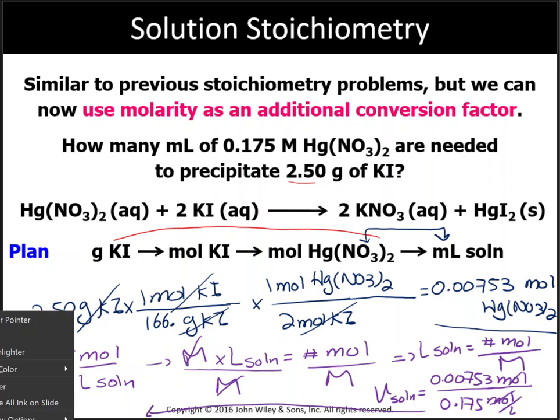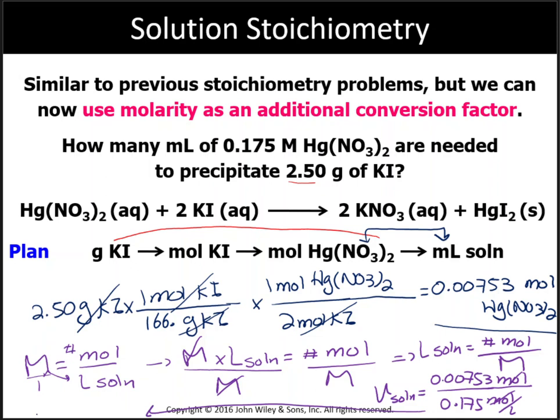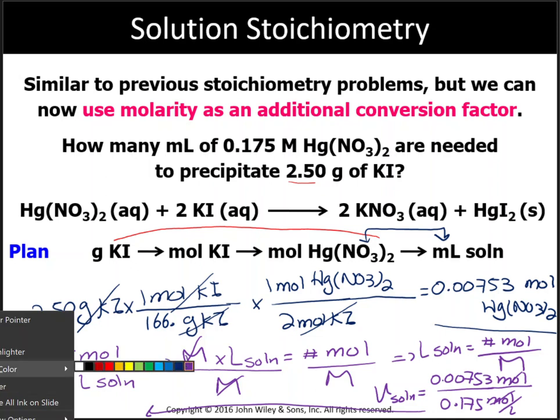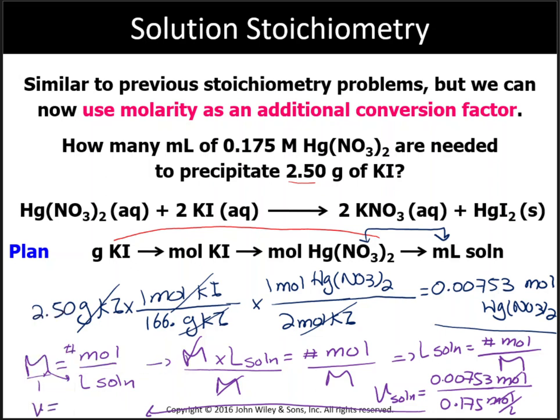So the volume is 4.30 times 10 to the negative 2 liters. Now the question is asking for milliliters. So we found the answer in liters. In order to find the milliliters, you just have to multiply it by 1,000.